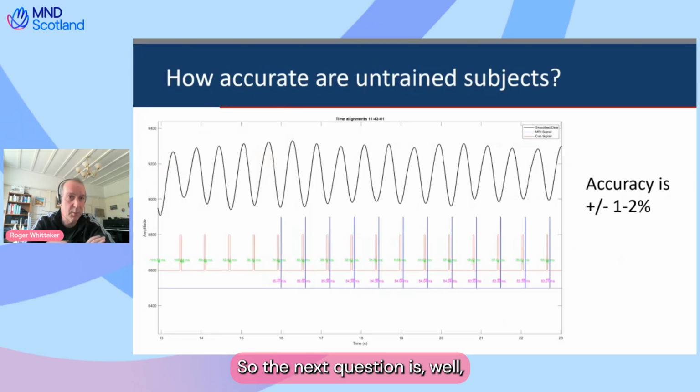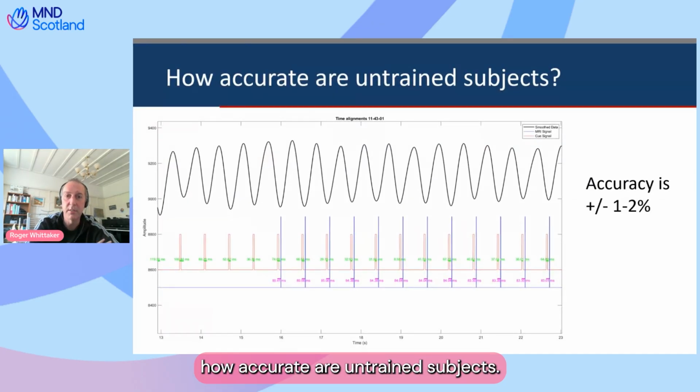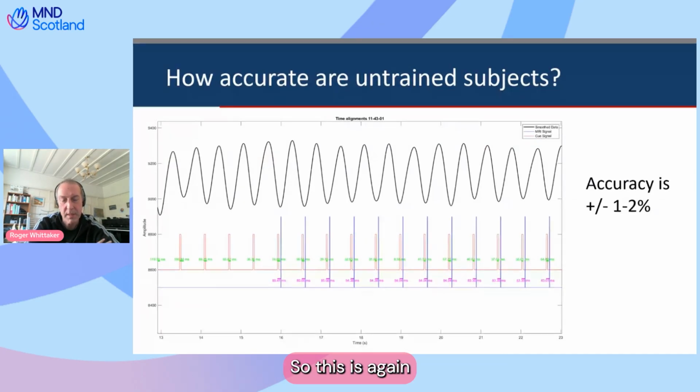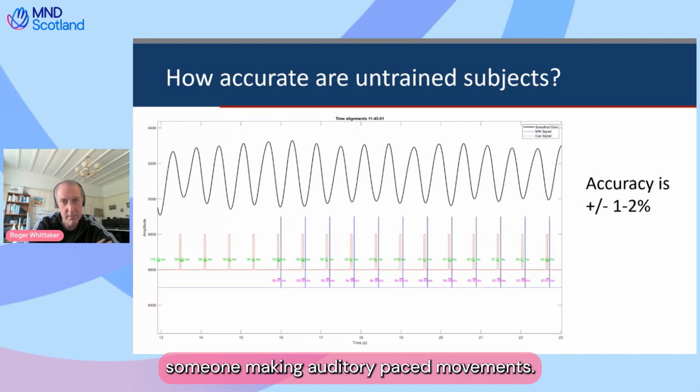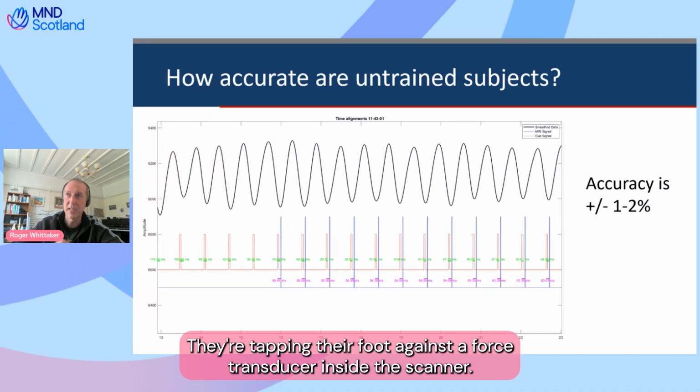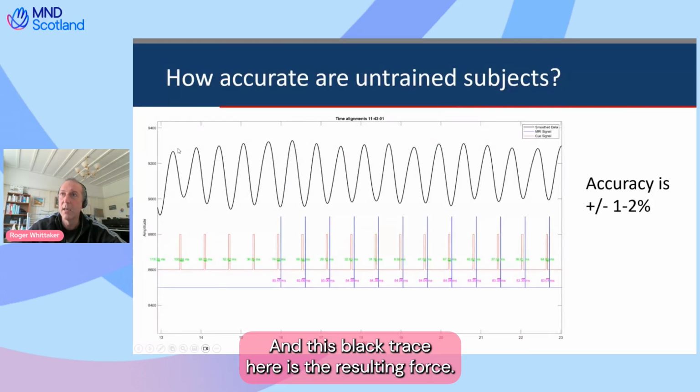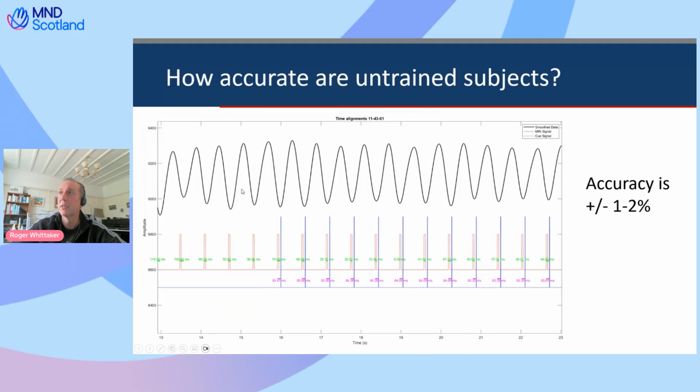So the next question is, well, how accurate are untrained subjects? So this is, again, someone making auditory paced movements. They're tapping their foot against a force transducer inside the scanner. And this black trace here is the resulting force.